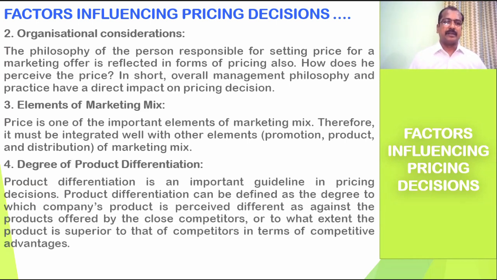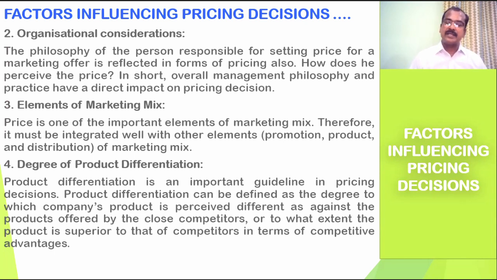The 4th internal factor which influences pricing decision is degree of product differentiation. Product differentiation is an important guideline in pricing decisions. It can be defined as the degree to which the company's product is perceived as different from the products offered by the close competitors in the market, or to what extent the product is superior to that of competitors in terms of competitive advantage.